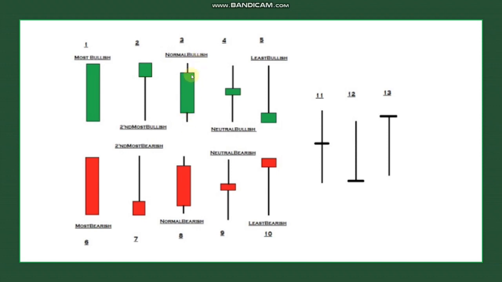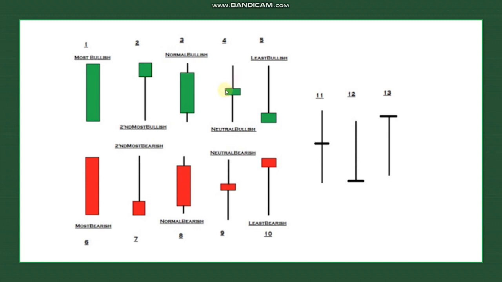The body is big, with a small wick above and a small wick below. So it's a typical bullish candle. Number 4: the market tried to go up, and the market tried to go down. There are buyers who are not allowing the market to go down further, and sellers who are not allowing the market to go above.